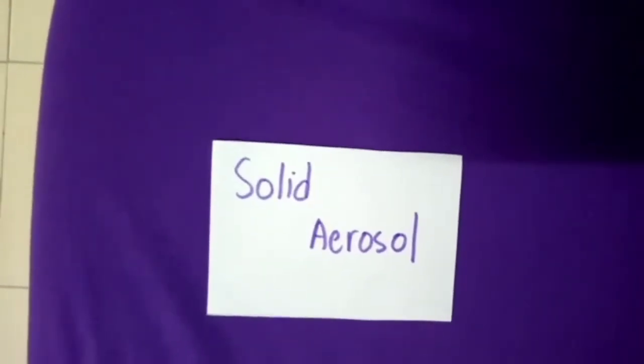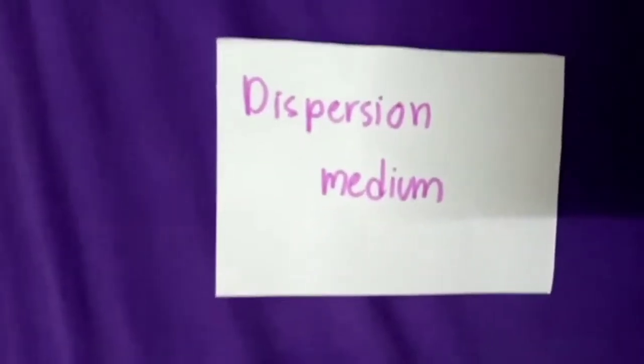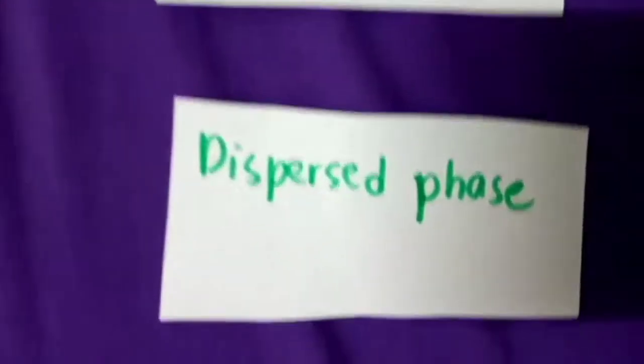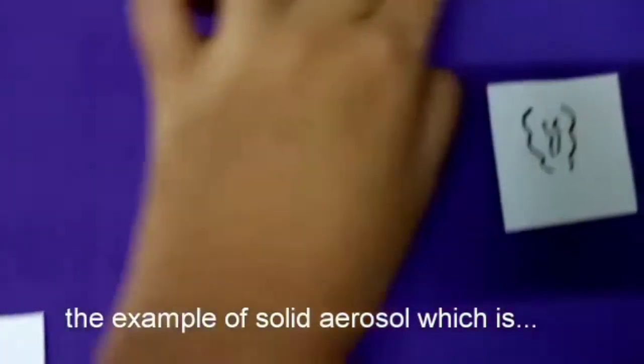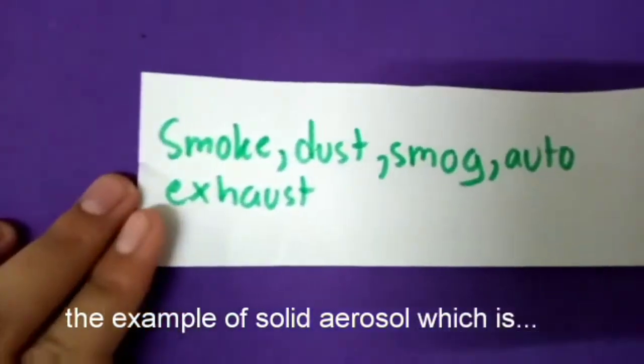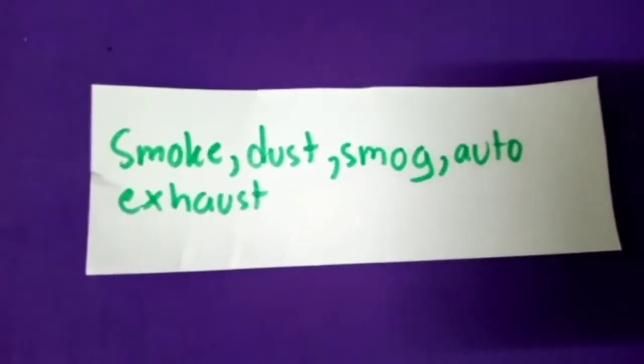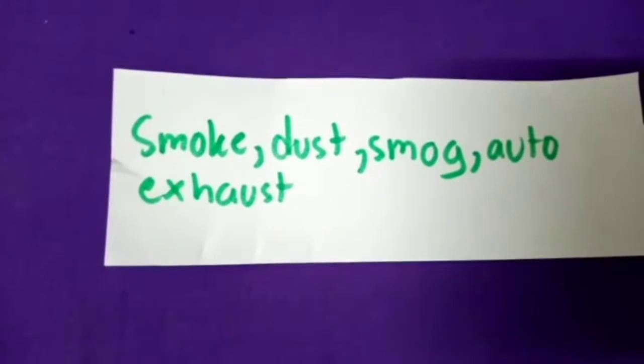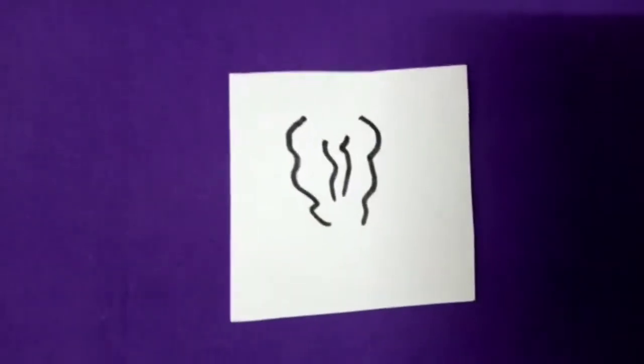In solid aerosol, the dispersion medium is gas and the dispersed phase is solid. Examples of solid aerosol are smoke, dust, and smoke after exhaust. This is smoke.